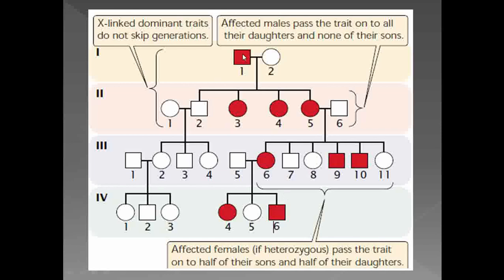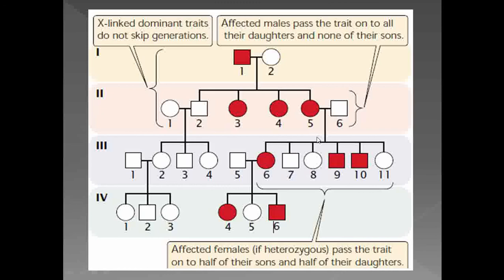Just see here the pedigree analysis. The male is affected, the female is normal. In the next progeny, daughters are affected. The son, or male child, is not affected. See here, this is the normal male and female, so the next generations are also normal. But just see here the female is affected, and the male is normal.